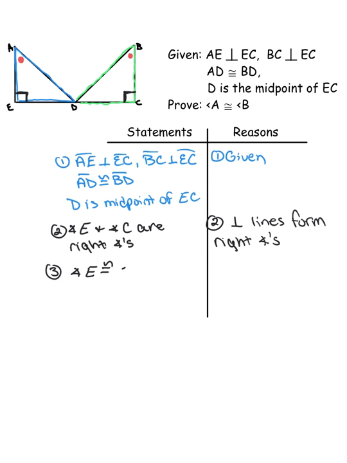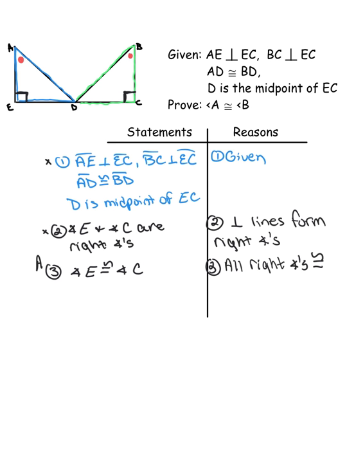So angle E is congruent to angle C because all right angles are congruent. I'm going to put a little X by that line, a little X by this line because I've defined them, and I'm going to mark next to number 3 with an A for angle.